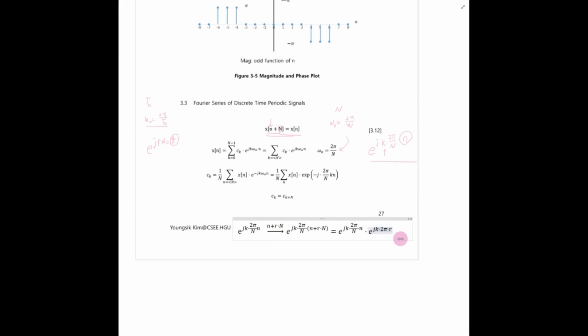But 2 pi times an integer multiple will give unity, so this is 1.